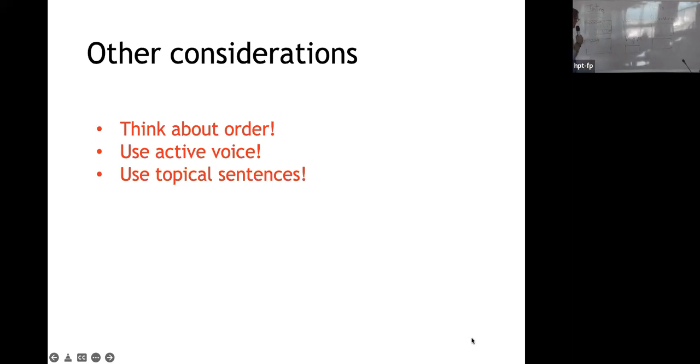Something else, tips and tricks. One paragraph, one idea. So don't mix many ideas or concepts into the same paragraph. One paragraph, one idea. And also use short sentences.